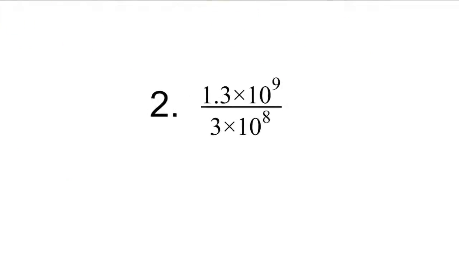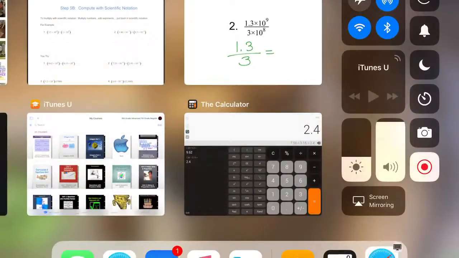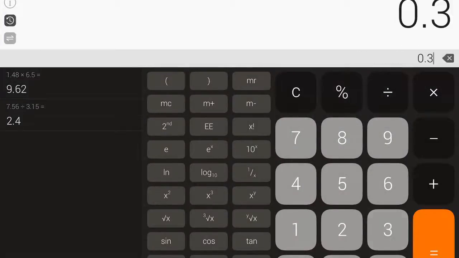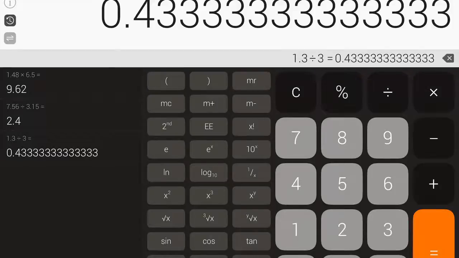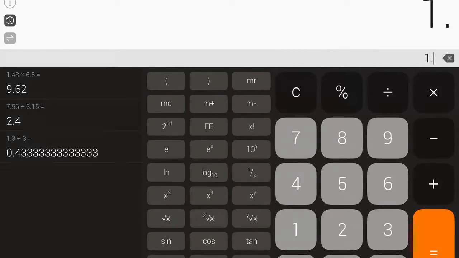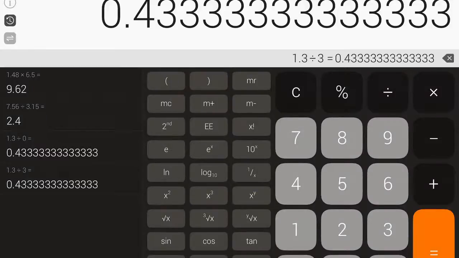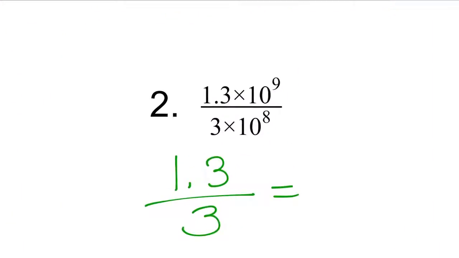Okay, over here, 1.3 divided by 3 equals, let's check it out. Go to your calculator. 1.3 divided by 3 equals, whoa, I think I did something wrong. Let's try that again. 1.3 divided by 3 equals, no, I guess I did it right, 0.4333, 0.43 repeating.